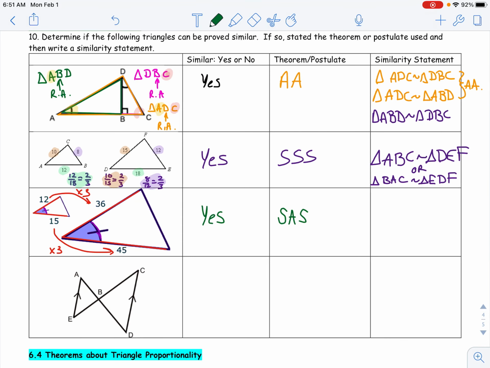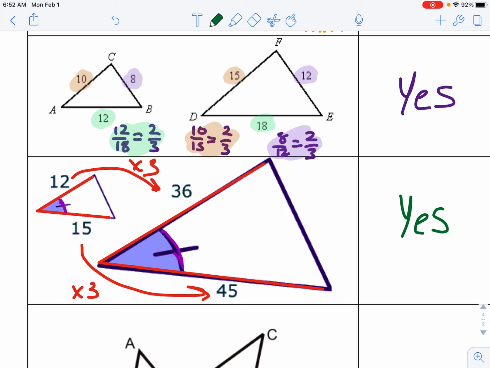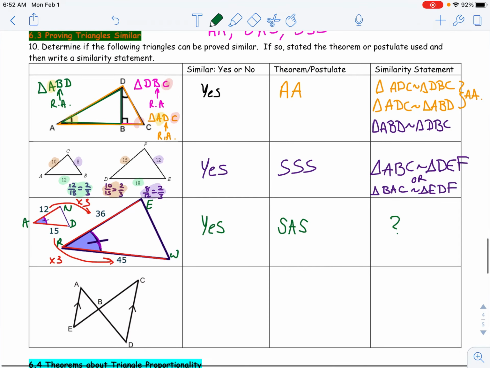And similarity statement, there's none to write right here. We'll just write question mark because there's no letters. Or we can just really fast say, let's call this triangle AND and REW. We could say triangle AND is similar to triangle REW.